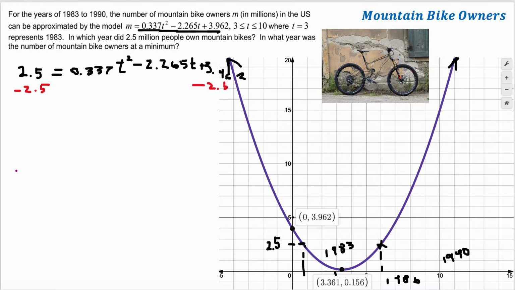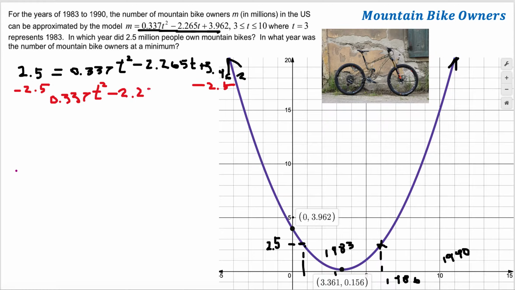So what I'm going to get here: the 0.337 t squared is going to be the same, it's not going to affect anything, and the minus 2.265 t is not going to be affected, so I'm writing it the way it is.